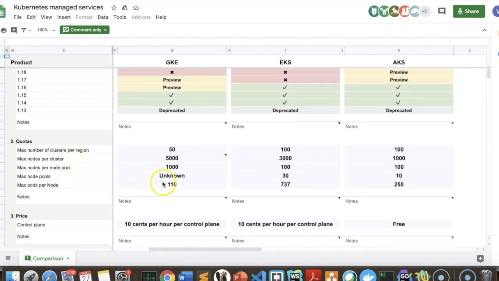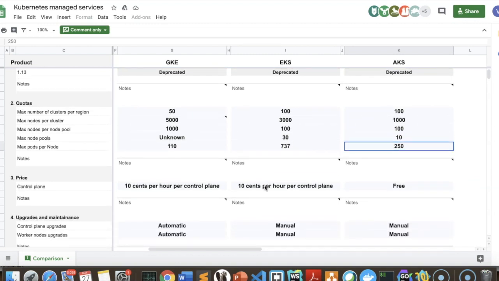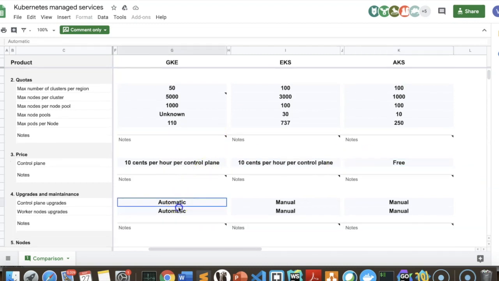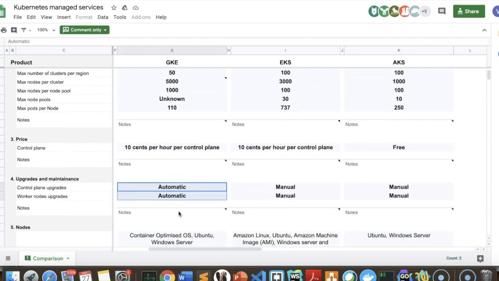You can see maximum pods per node, it stops at 110, but EKS is kind of dynamic, and AKS also has a maximum limit like 250. There's a charge for using the control plane, 10 cents per hour for GKE and EKS, and it's free at AKS. Upgrades are automatic. The control plane upgrades and worker node upgrades are all automatically handled by GKE.